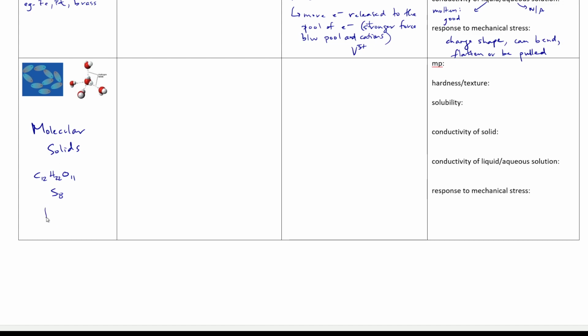Or even solid water, which is ice, is a molecular solid, okay? And so, one more thing, plastics. Plastic is a type of a molecular solid because it is made up of these very long molecules called polymers.